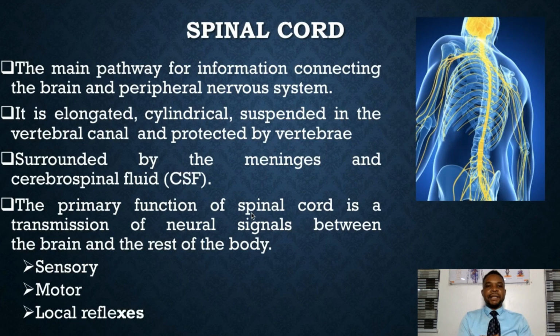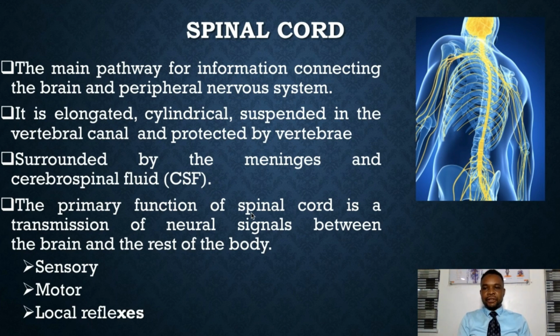So now, what is the spinal cord? The spinal cord is an elongated cylindrical structure suspended in the vertebral column that is protected by the vertebrae. It is a continuation of the brain. When the brain continues as the medulla oblongata and crosses the foramen magnum, it continues as the spinal cord.